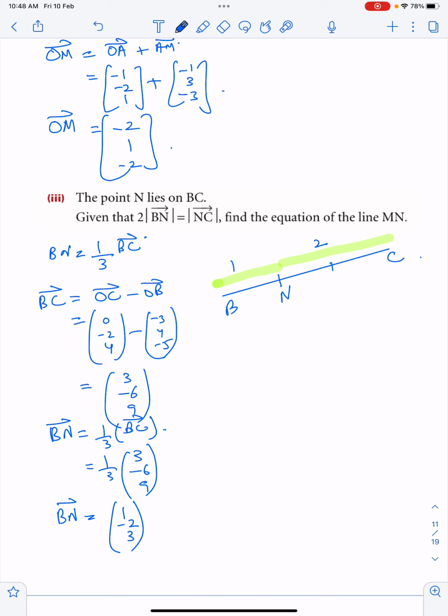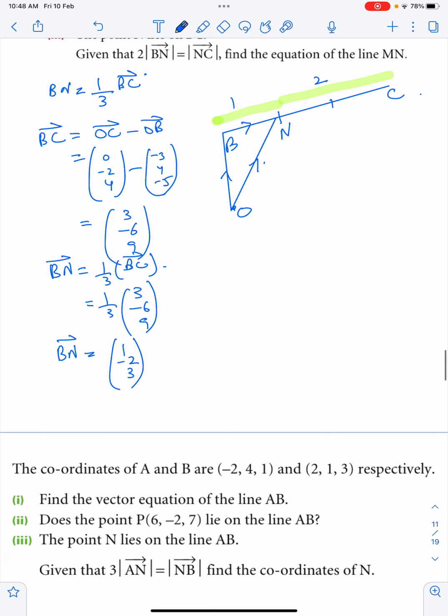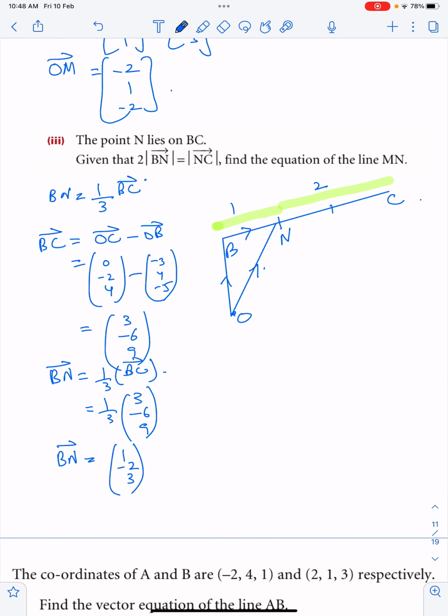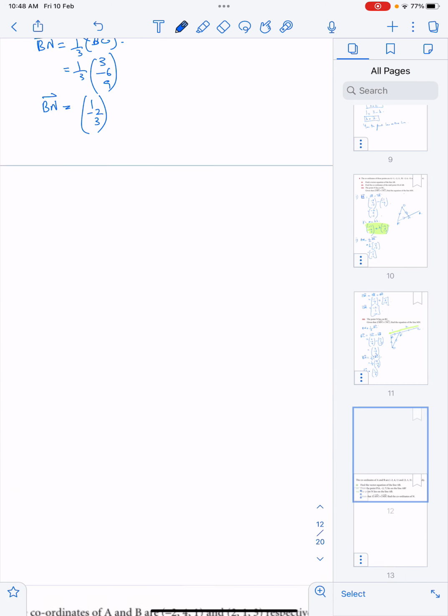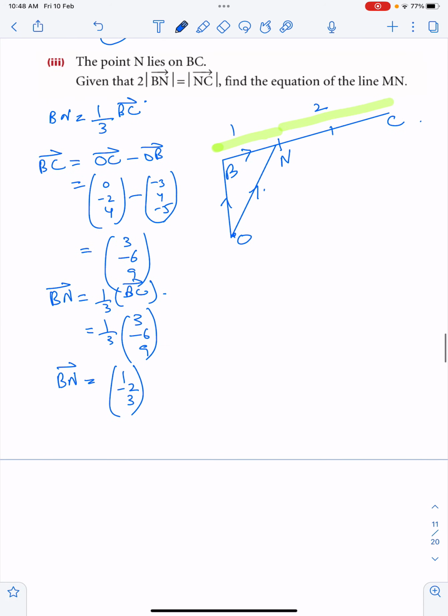We already have BN. Now if I want to find ON, assuming O is here, I will say OB plus BN is going to be ON. So ON equals OB plus BN.